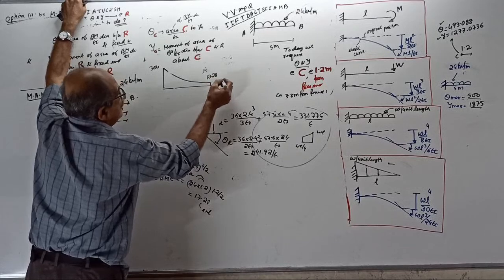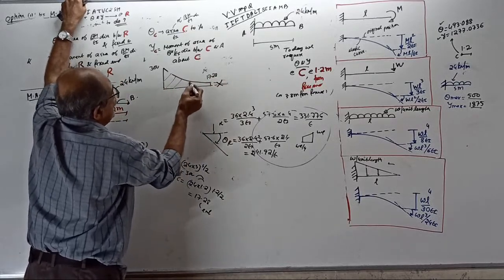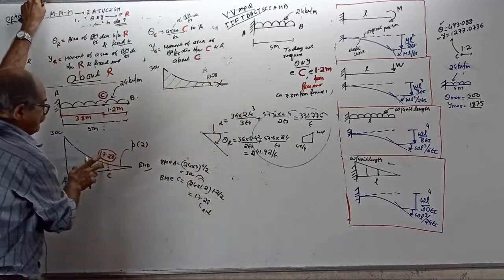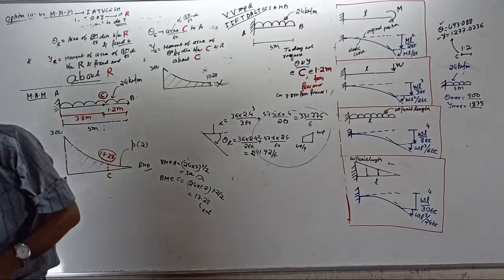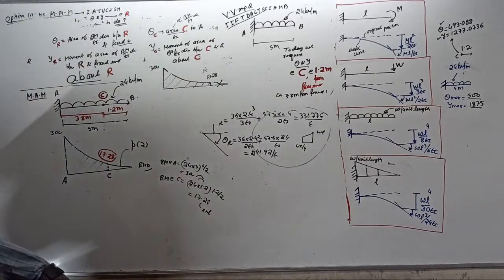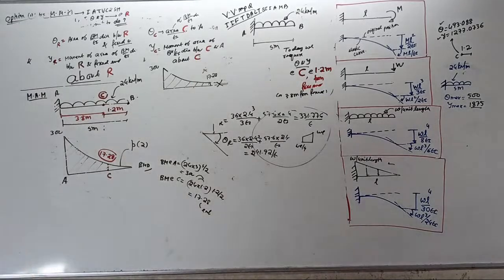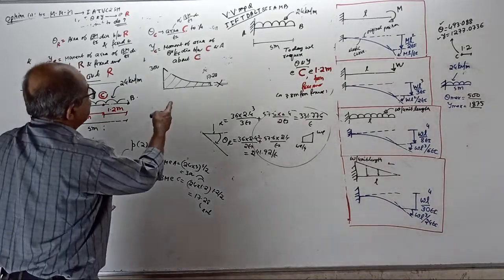No, not that one, that is not there. This is the area. Clear or not? That area is to be considered, there is a reason for asking. Clear? Okay. Now, how to get this area?